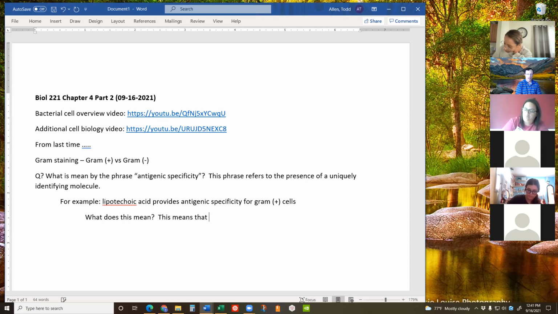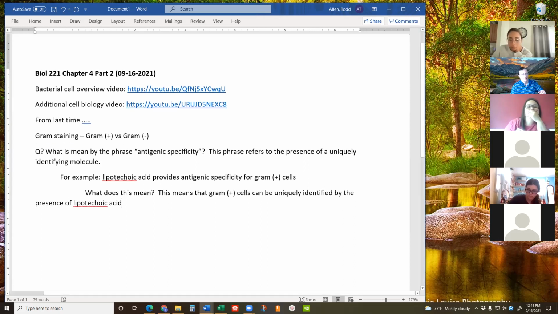This means that gram-positive cells can be uniquely identified by the presence of lipoteichoic acid, okay? So lipoteichoic acid provides antigenic specificity for gram-positive cells.